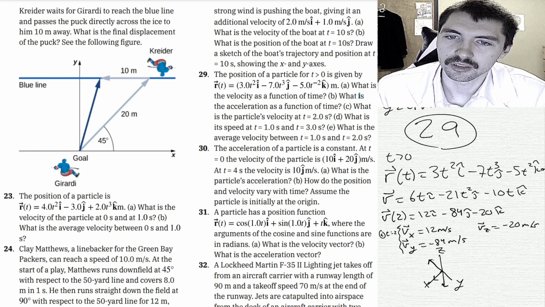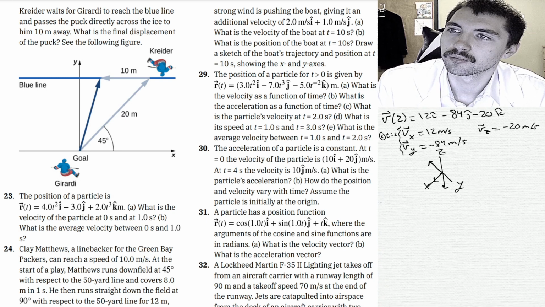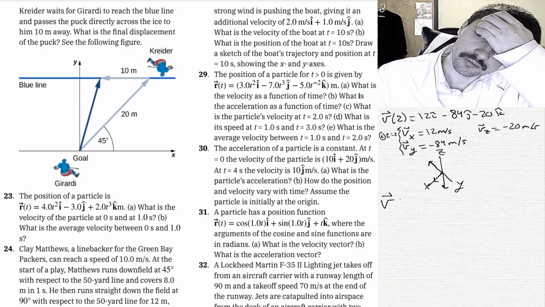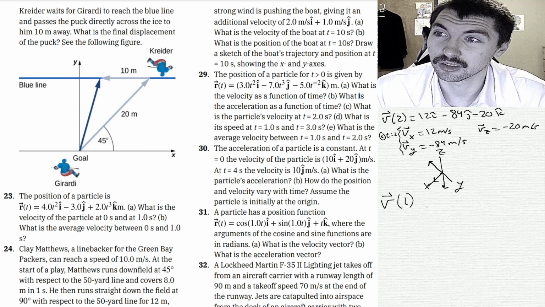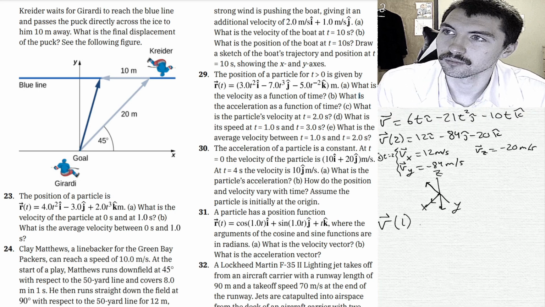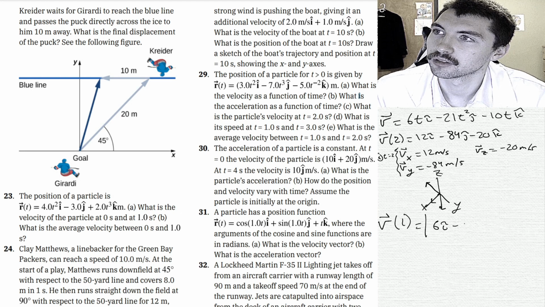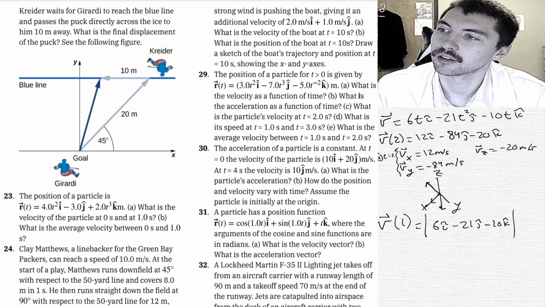Okay. What is the speed at 1 and 3? So you want the speed at 1 and 3. I think the speed is the absolute value, so we will do velocity at 1 is the absolute value of 6i minus 21j minus 10k.